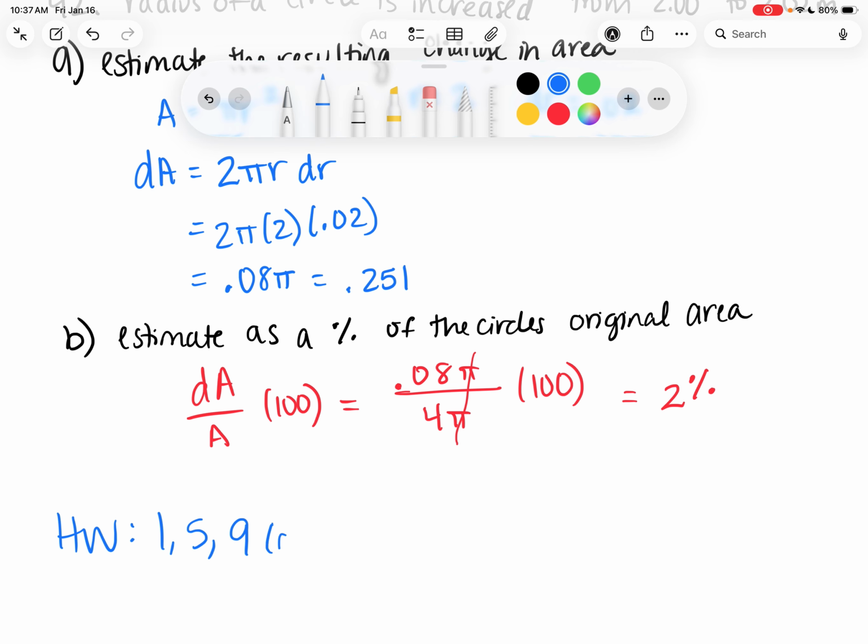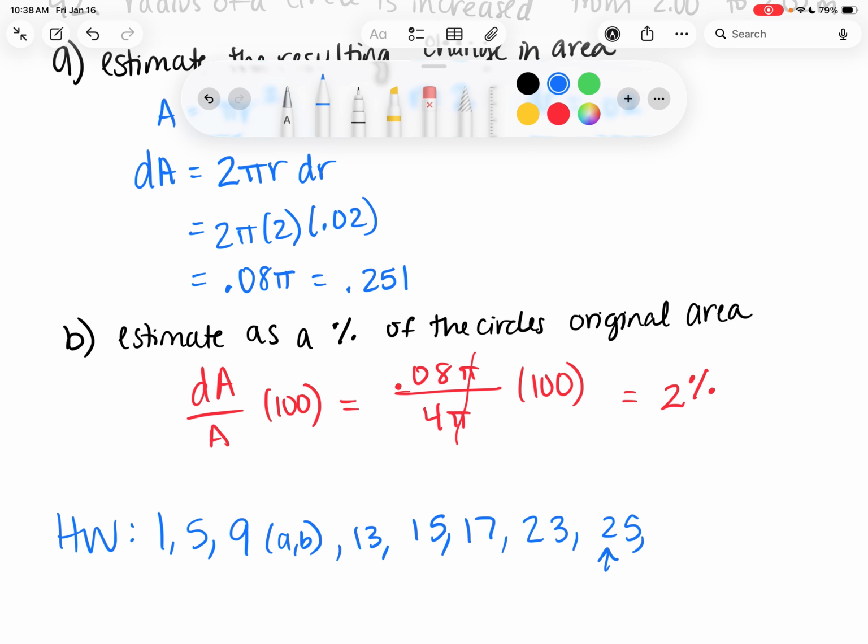I would say just do A and B. I wouldn't even worry about all of them because those are the ones that are super weird about how to rewrite them. 13, 15, 17, 23, 25.